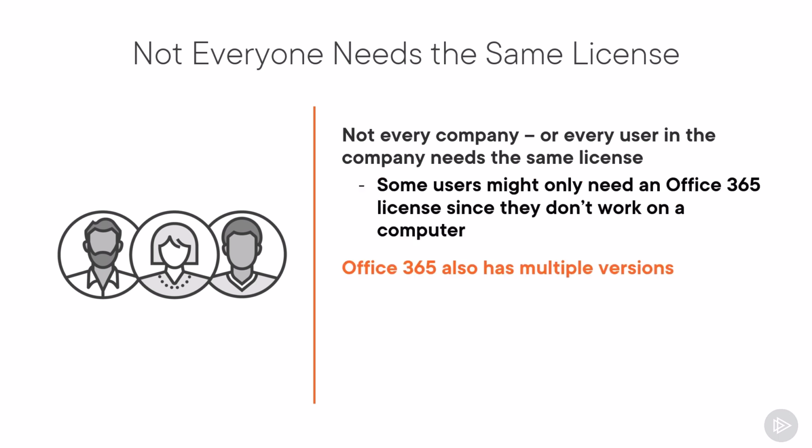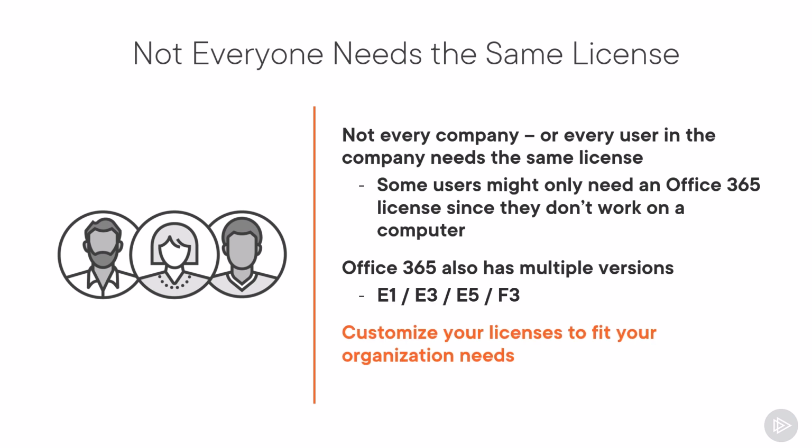And even then, Office 365 has multiple versions similarly named E1, E3, E5, and F3. As you analyze your company needs and what each group of users need to be productive, you can buy different licenses for each department, again from as low as $2.25 per month to as high as $57 per user per month.